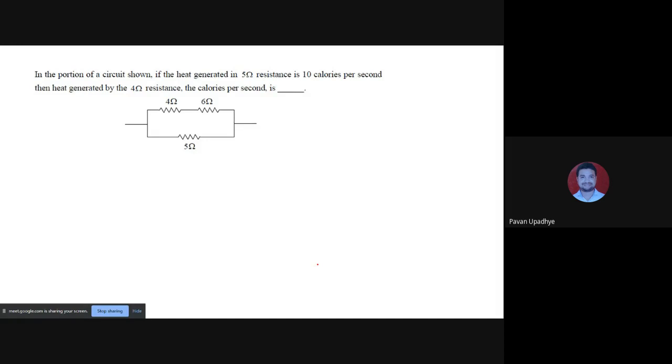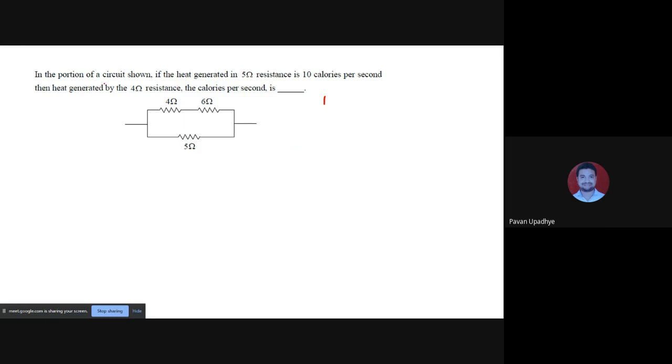Now, here is again another numerical based on, we can say, not exactly equivalent resistances, but let us solve this. If I tell you the topic of this numerical, you will presume something and will not think of solving it.